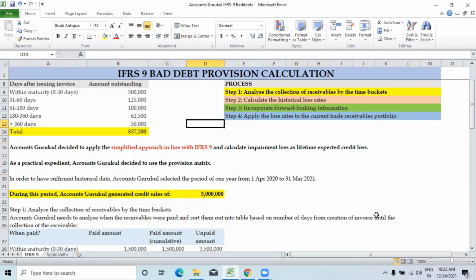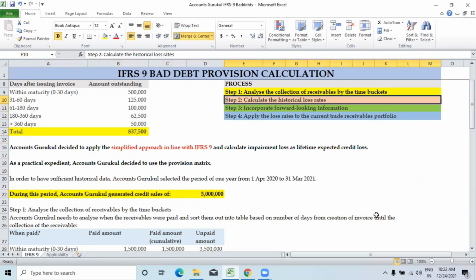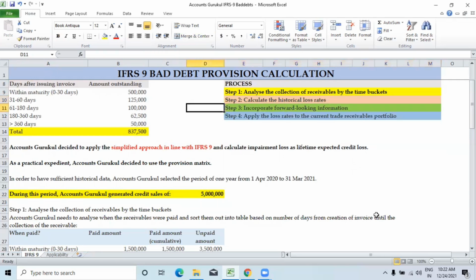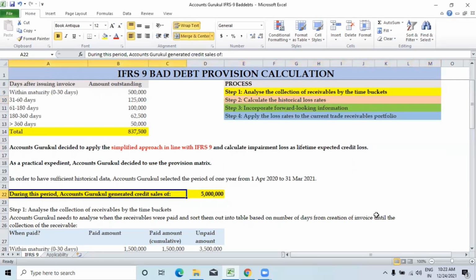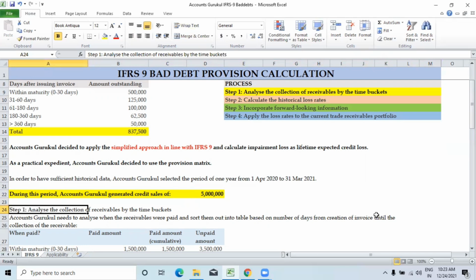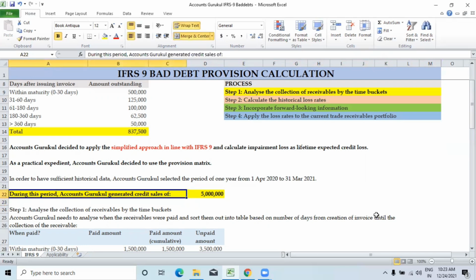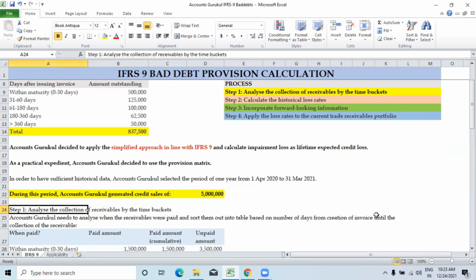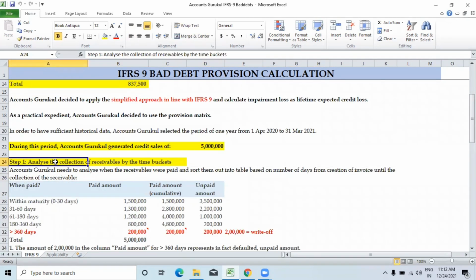So as per the steps, we calculate the historical loss rate, how it was for the earlier period. During that period, Accounts Gurukul generated credit sales of 50 lakh. So step 1 is to analyze the collections of receivables by time buckets.